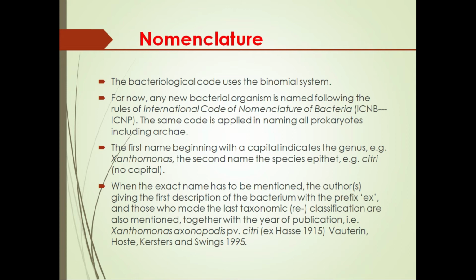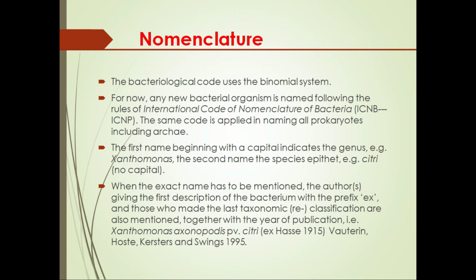Now when the exact name has to be mentioned, the authors giving the first description of the bacterium and also the authors who made changes to the first name should be mentioned together with the year of publication. So this is another rule of nomenclature.